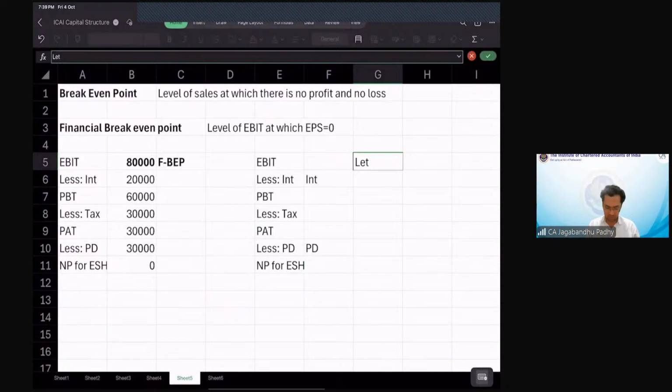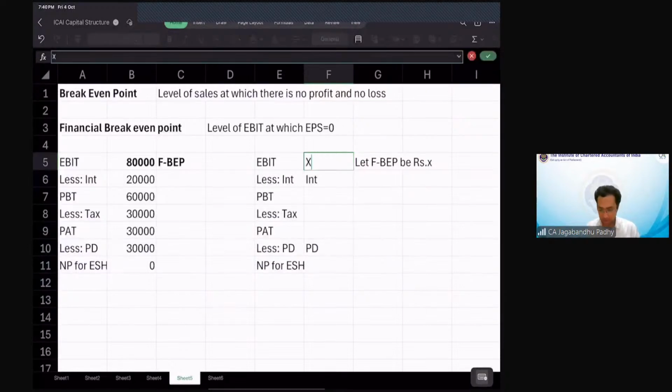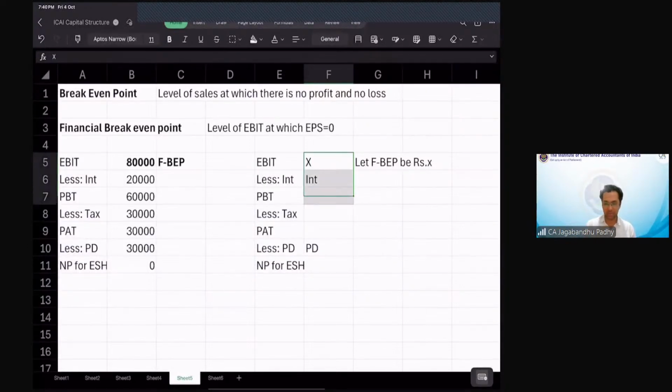Now, let me assume the financial break-even point to be rupees X. If the financial break-even point is rupees X, EBIT will be taken as X, right?